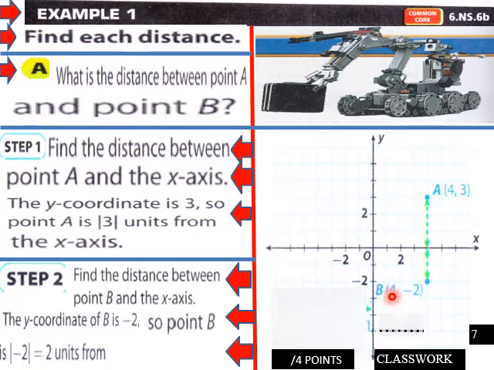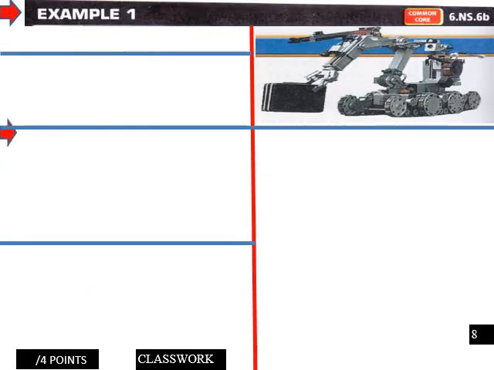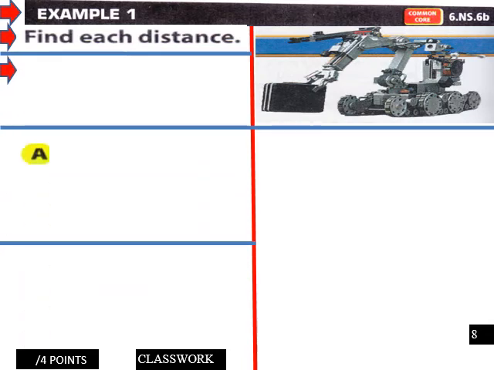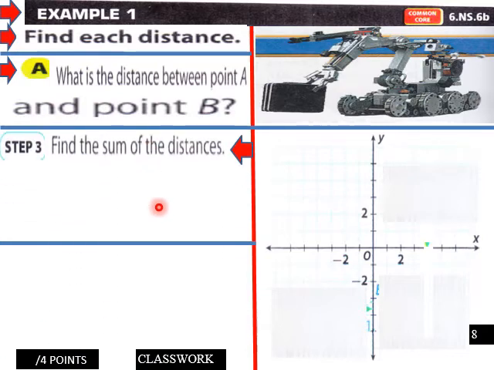So point B is right here. Your x is 4, y is -2. So the y-coordinate of B is -2, so point B is 2 units from the x-axis here. So you have to use absolute values for negative numbers.